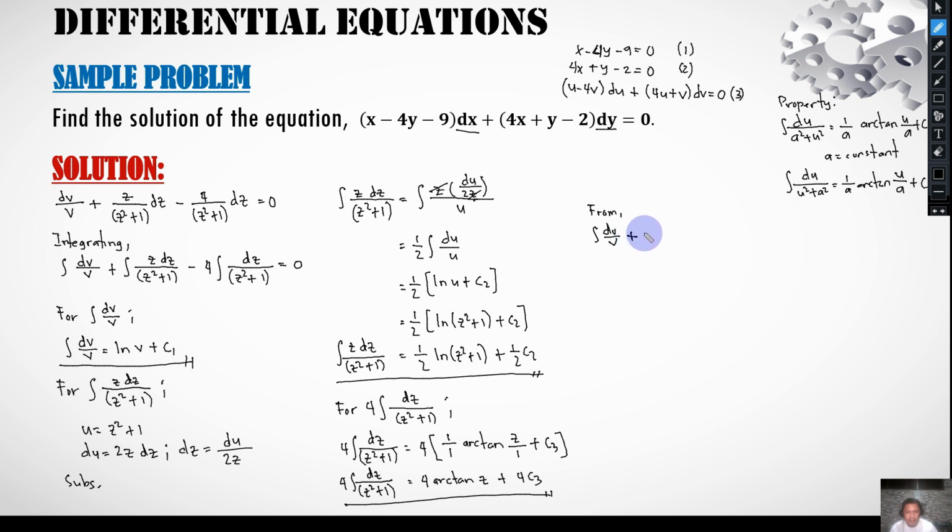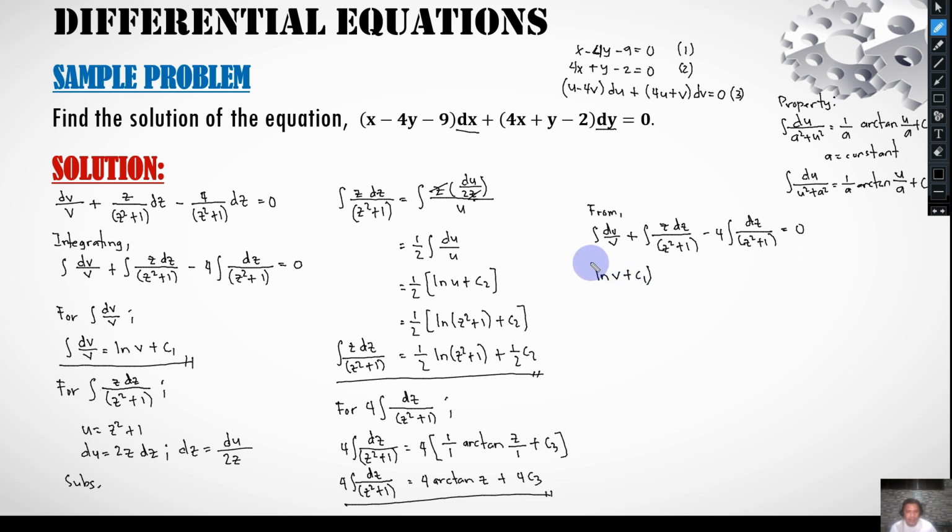Plus, we have now the integral of z dz over your z squared plus 1 minus 4 integral of your dz over your z squared plus 1 is equal to 0. So, yung integral of dv over v is just equal now to ln of your v plus c1.